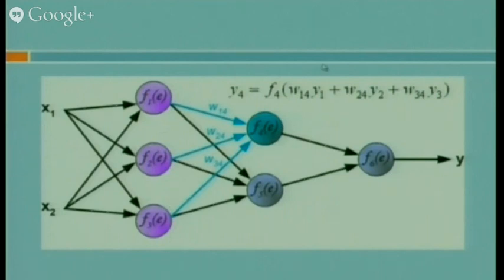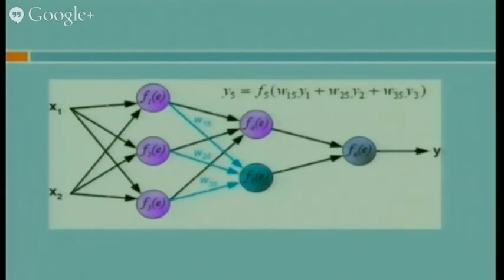The third neuron also contributes to the input of the fourth neuron. Similarly, all these three inputs are contributed as the input to the next neurons. So Y4 is equal to W14 into Y1 plus W24 into Y2 plus W34 into Y3, right? And then the F4 function is applied on it.